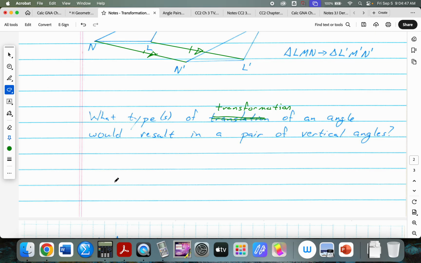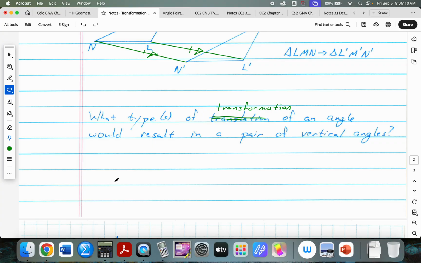The what? I'm sorry, the point in the middle of the angle. Yeah, help him out. What's that called? Anybody? Someone said the right one. No, there's no midpoint in an angle. The vertex. Yeah, you've got to be reflecting over a line that goes through the vertex.